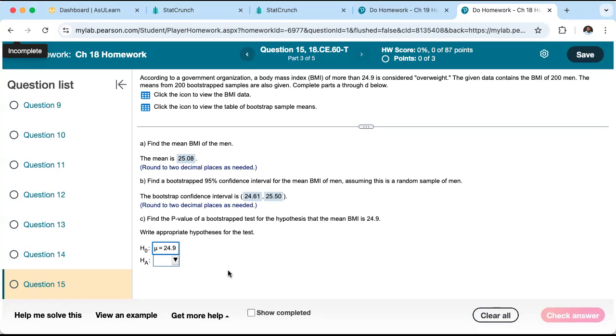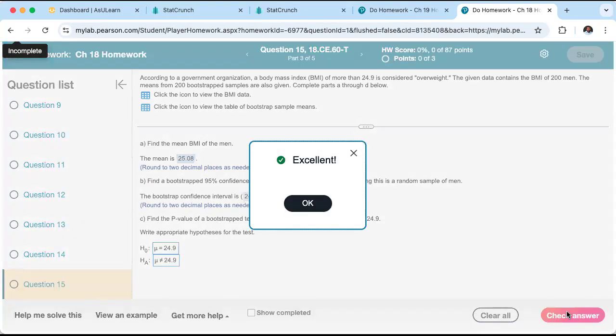Anybody to help us with the alternative? The alternative would be not equal to 24.9. Is that okay? And then we click on that.